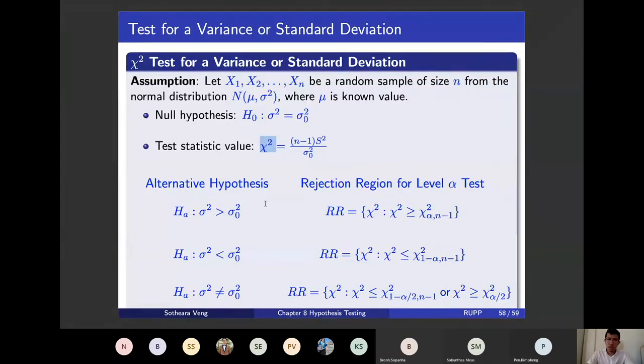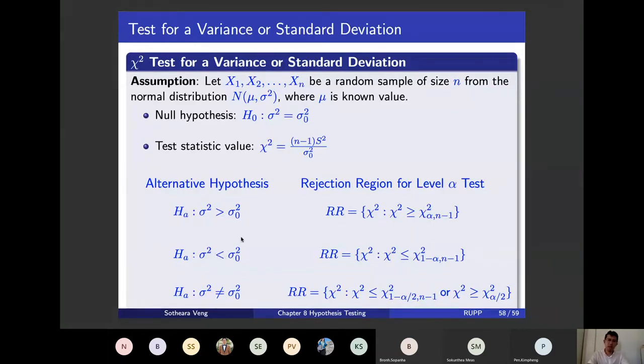So these are three possibilities of the alternative hypothesis. This is the original hypothesis, I mean the initial hypothesis. So you may have the one-tail test. You may have another hypothesis that the true value of the variance is strictly greater than this certain value, or it's strictly less than, right?